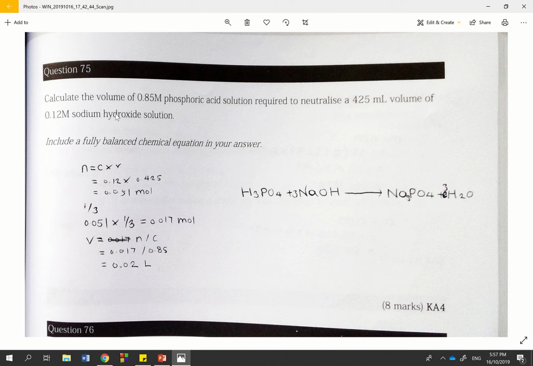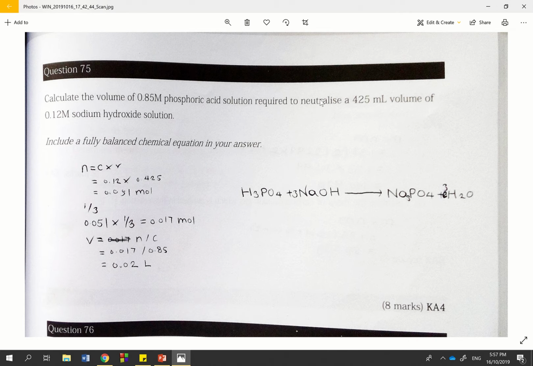Okay, to start, we're going to learn how to determine the volume of a solution required to neutralize the volume of another solution. In this case, we are usually given an unknown solution that we need to figure out its volume or mole number or mass, and usually we have another solution that we are given the volume and the concentration of.